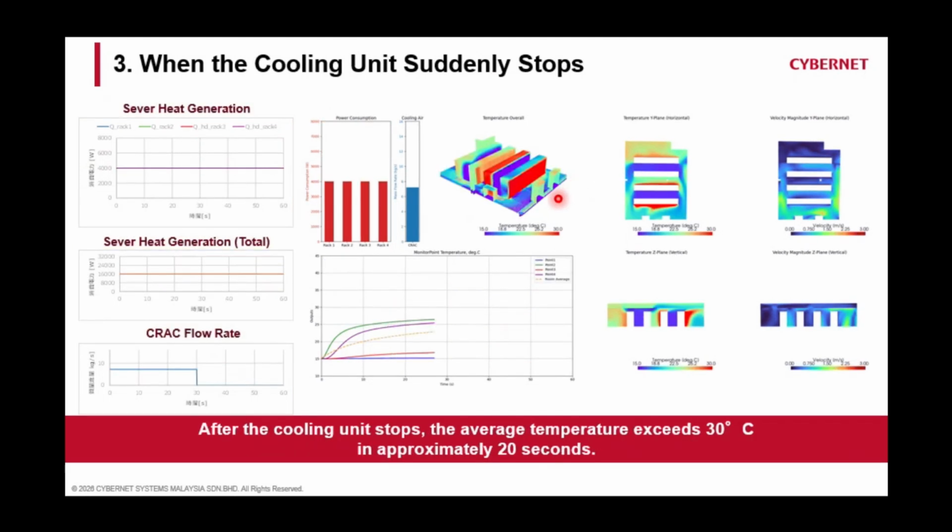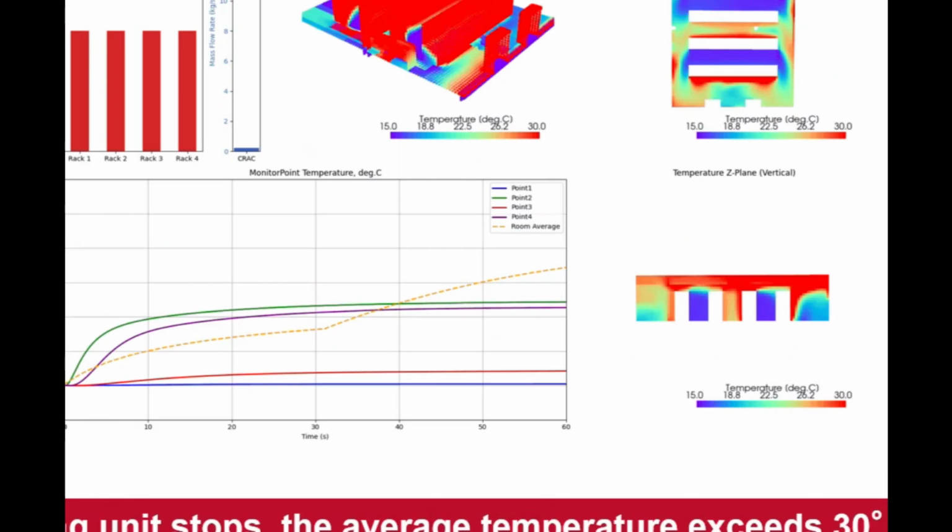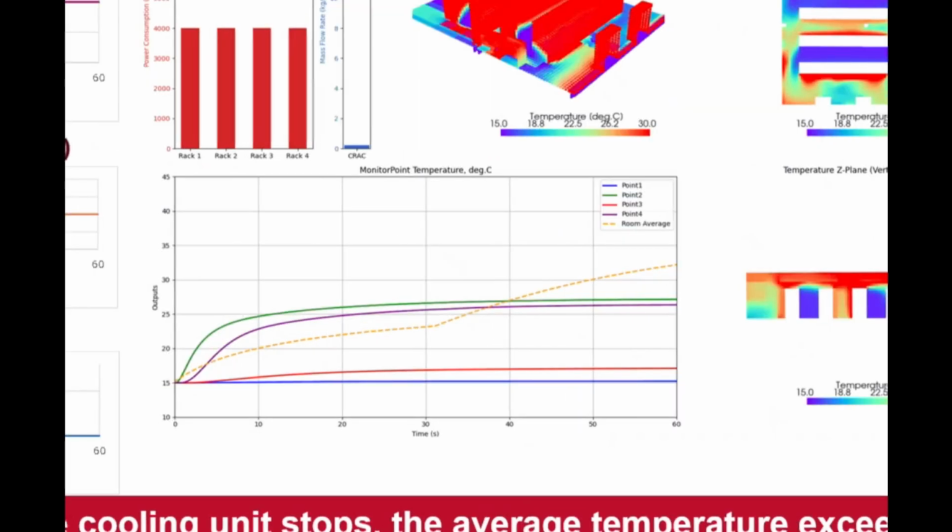Then of course another case could be when your cooling C-rack suddenly malfunctions or stops for whatever reason, right? So you get to see your cooling suddenly drop. After the cooling unit stops, you can see the average temperature suddenly exceeds the limit. You can see the room temperature.